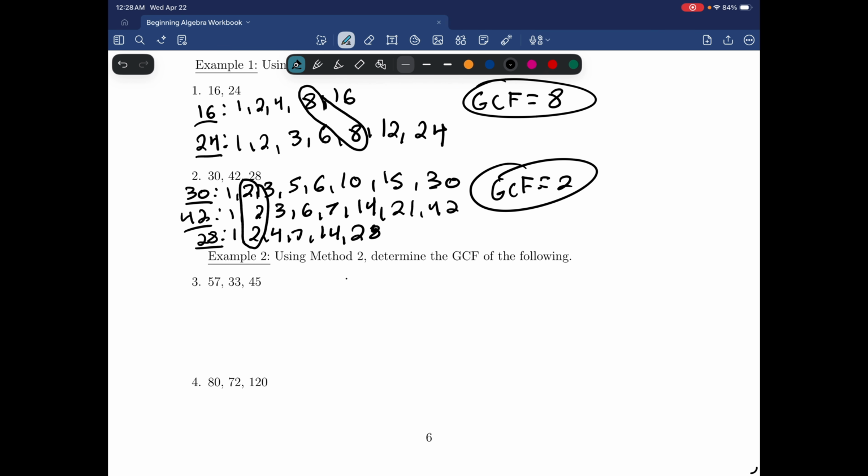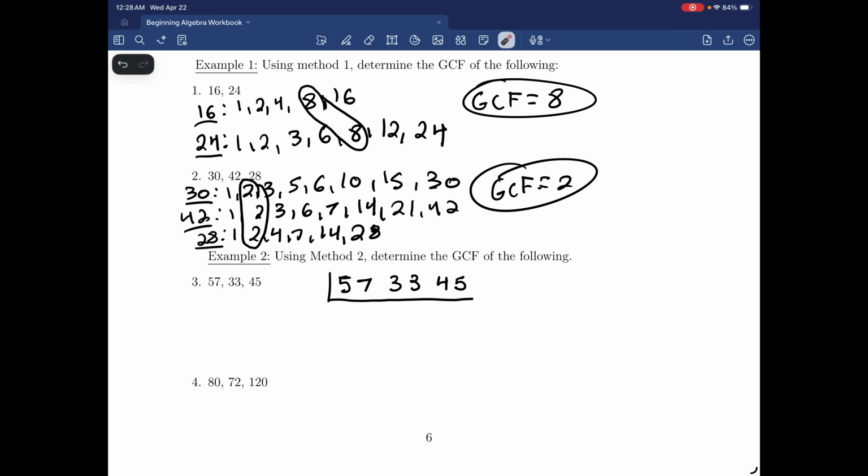So I'm going to first start off by just writing out the numbers: 57, 33, and 45. And I'm going to write a bar kind of like this. And then I have to look at these numbers and think to myself, what number divides evenly into all 3 of these numbers?